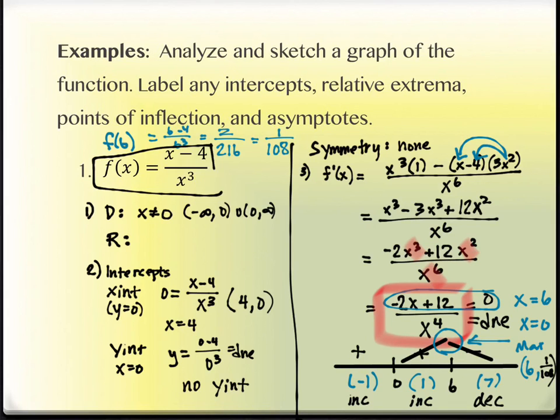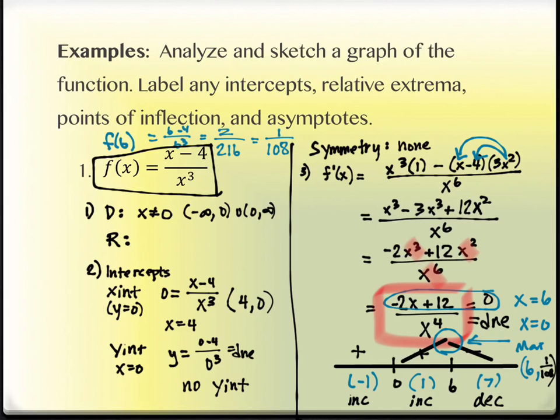This graph had a vertical asymptote at x equals 0. It also has a horizontal asymptote. Thinking from college algebra, or from the limit stuff that we did back in 3.5, what is the horizontal asymptote that occurs on this graph? It's a little bit funny.